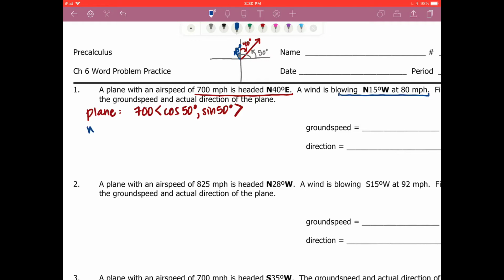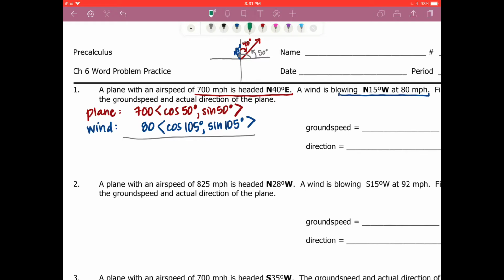So our wind vector, its magnitude is 80 and its direction is 105 degrees. And when you add the plane and the wind together, we're going to get the result.